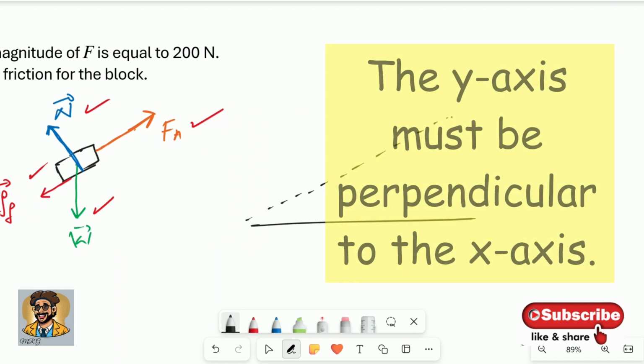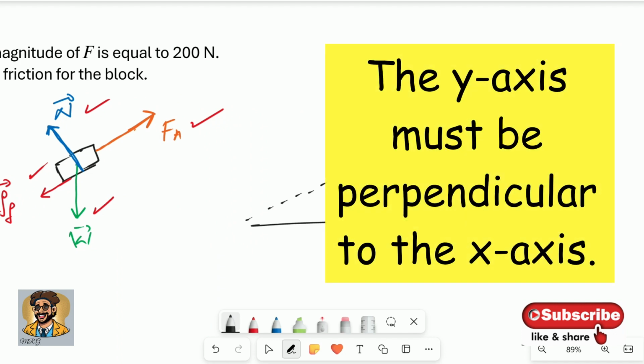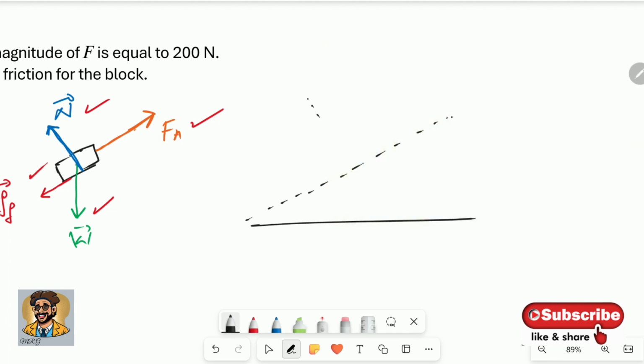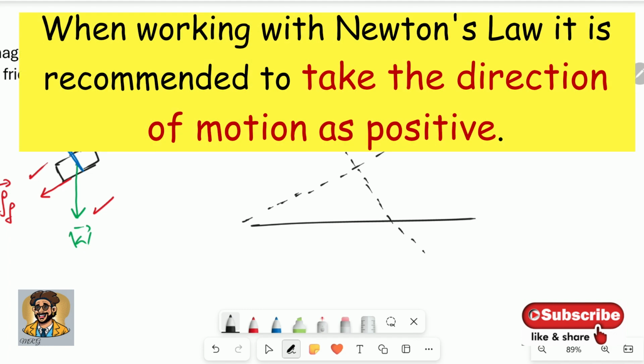How do you draw the y-axis? Perpendicular to the x. That is mathematics. So you come here and you draw your y-axis perpendicular to the x. This one is the y-axis. This one is the x-axis. I'm going to take the direction in which the object is moving as positive, which will be up the incline.